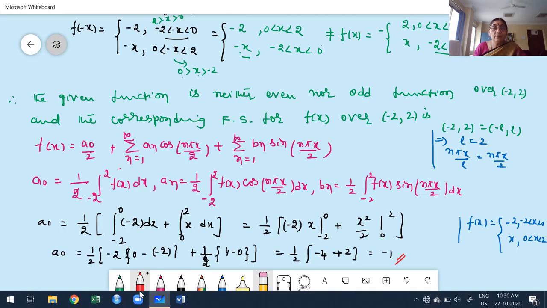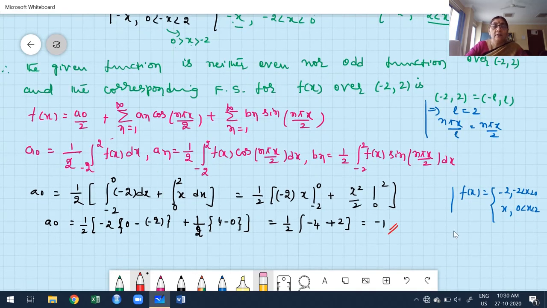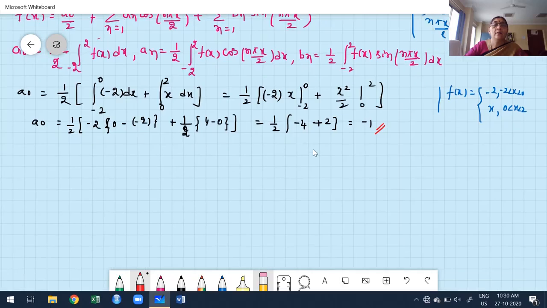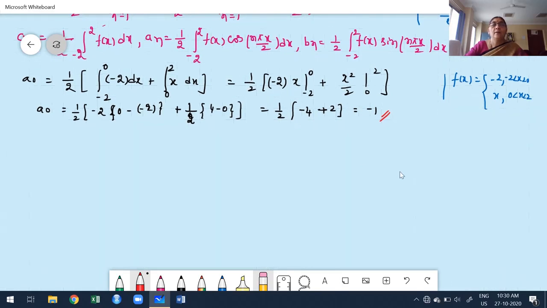Once we get A naught, next I have to find out what is my AN and BN very carefully. This is very, very important. Next, I have to find out what actually AN, 1 by 2.